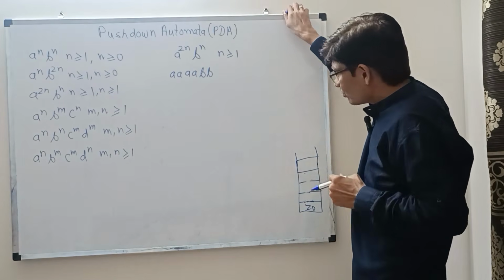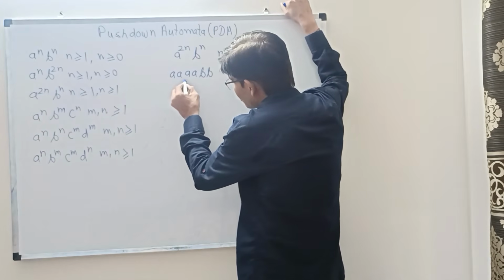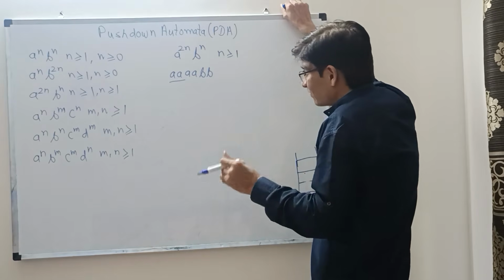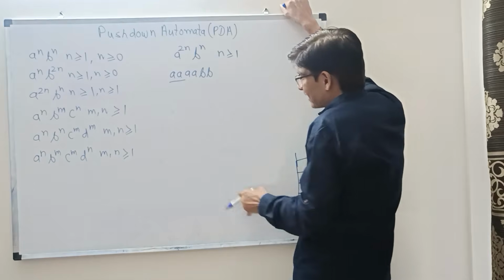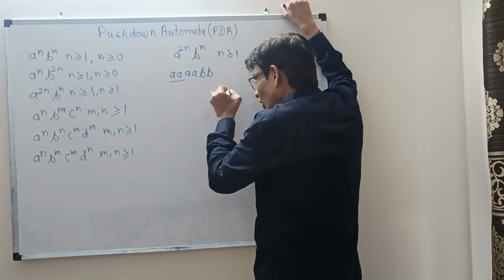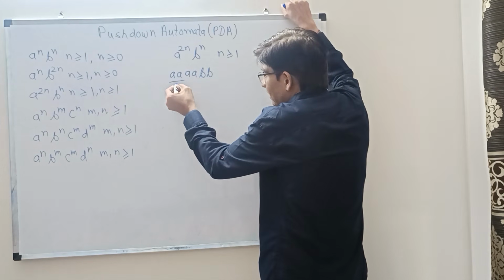So for this particular language, we need to create some different logic. So can we do it like this? For every 2 consecutive A's that we read, we will push only one X into the stack, so that for each pair of A's, we are pushing only one X there.